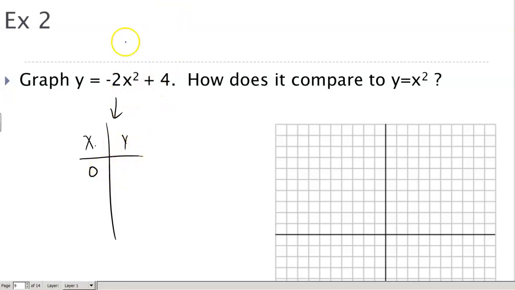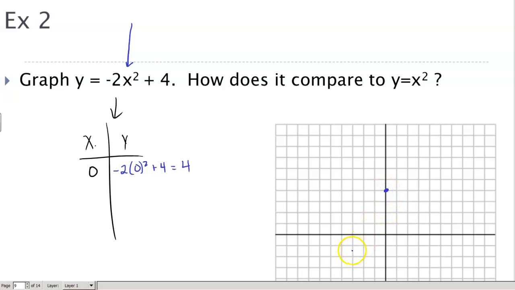If I plug 0 into the equation, we would be plugging in -2 times 0 squared plus 4, and we would have to evaluate that. You could use your calculator, but when we evaluate this, we should get 4. So that means that 0 goes to 4.